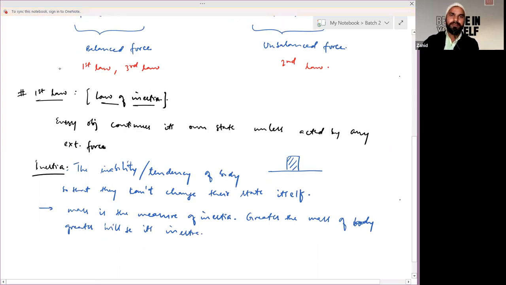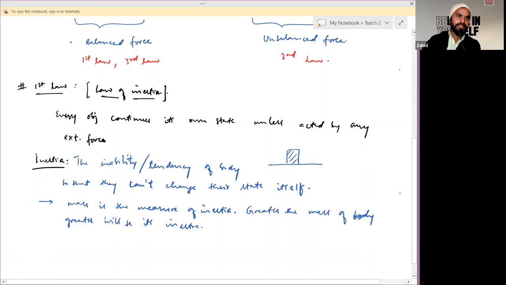Now, depending upon body, inertia is of three different types. So we can define types of inertia. First is inertia of rest. If a body is initially at rest, it will tend to be at rest.